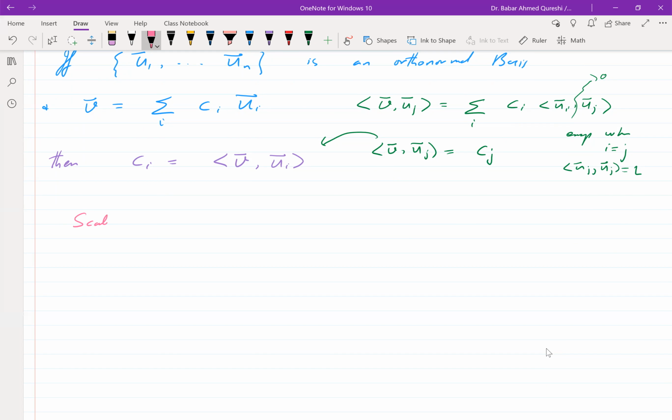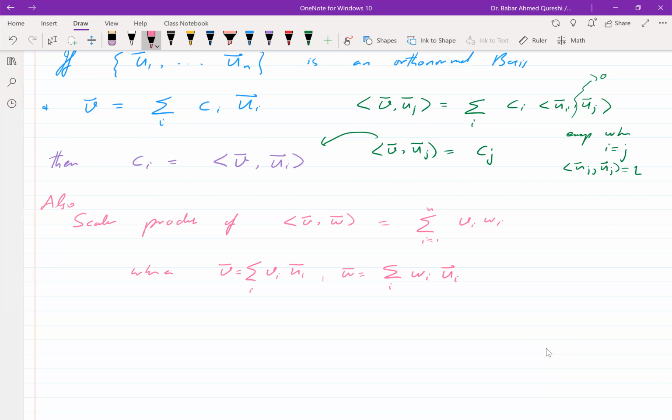And the scalar product of two vectors v and w, if you know the expansion, is just this, where these are the expansion coefficients in this basis. v and w are two vectors, so both can be expanded in this basis.